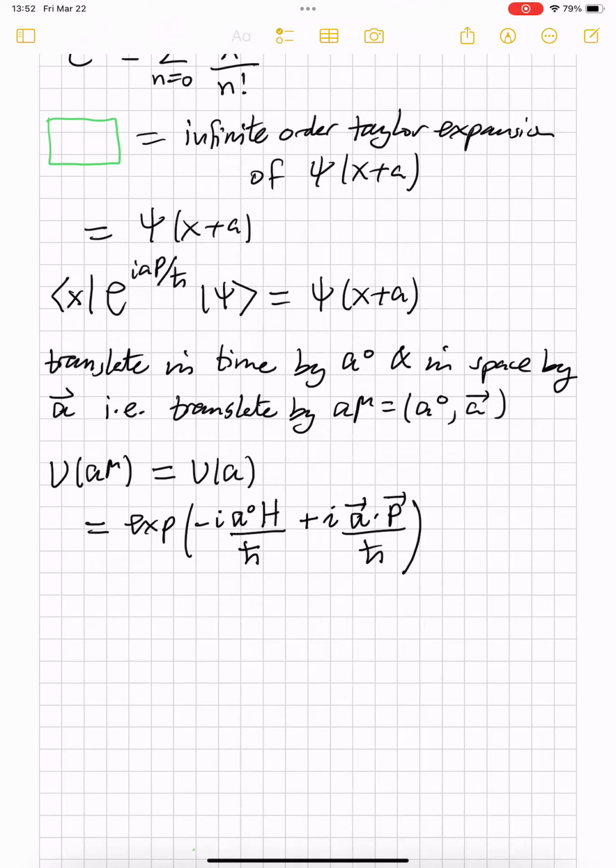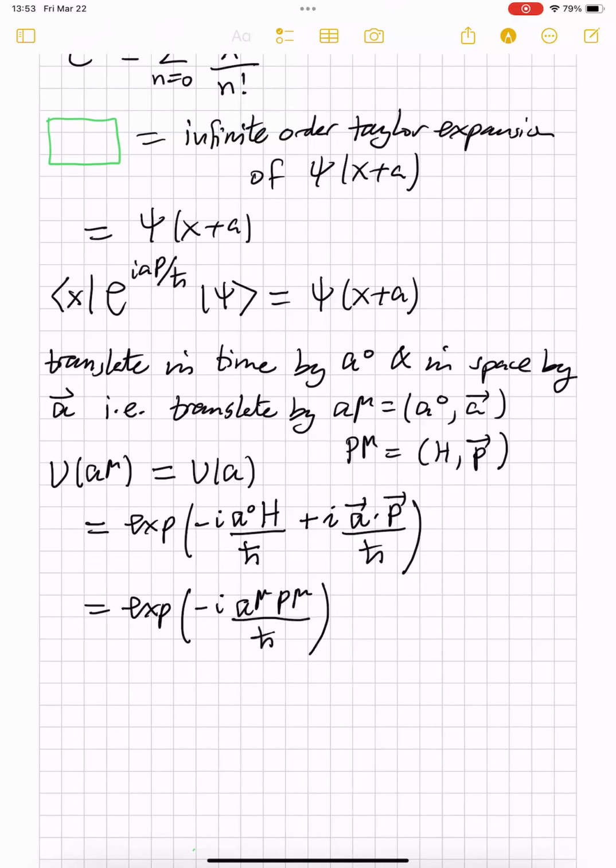And how can we write this? Well, we've already got the 4-vector a mu. We can also introduce the 4-vector P mu, which is the Hamiltonian and the momentum operator. And then take a look here. We've got what looks like a naught P naught minus a dot P appearing. So indeed, this can be written very nicely as minus i a mu P mu over h bar.